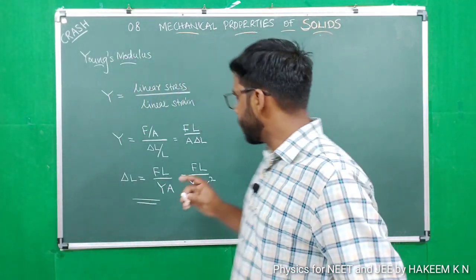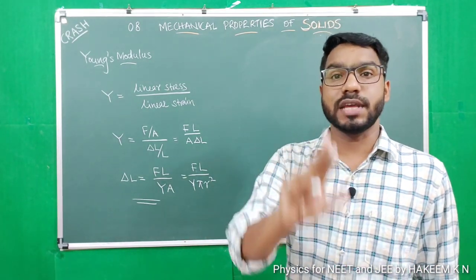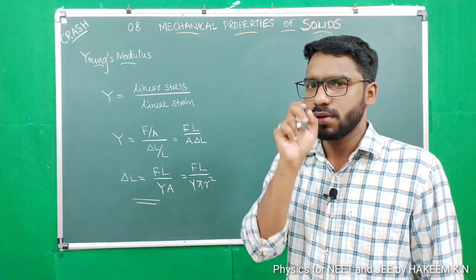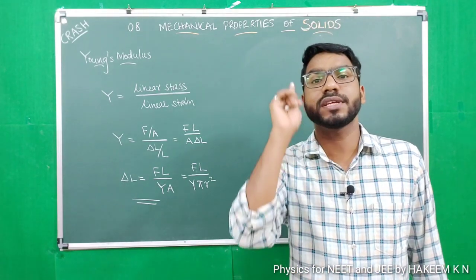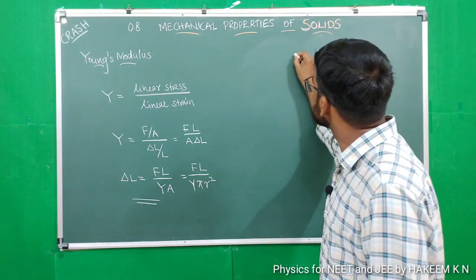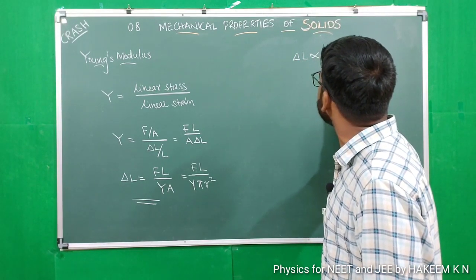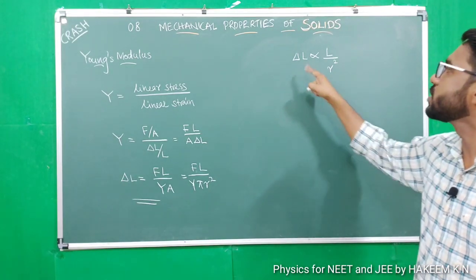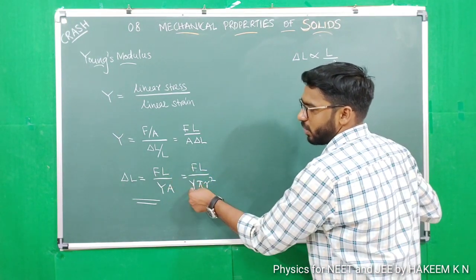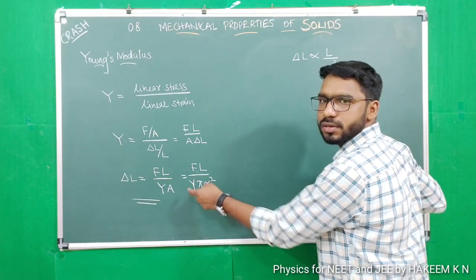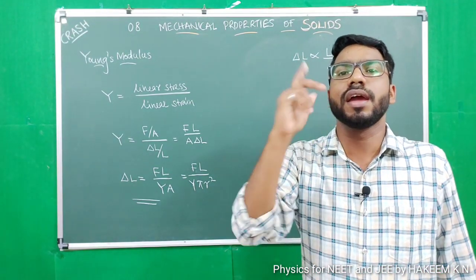If the same force is applied for different wires of the same material, then we can say elongation delta L is proportional to L by R square. For a material Y is constant. So we are applying the same force for two different iron rods.